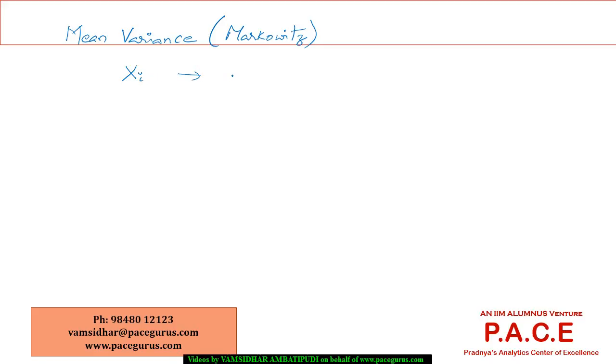For each security we take the returns and call them Xi. When I am talking about a portfolio, we are talking about different weightages in different securities, and the overall is summed up, such that all the weights sum up to 100%, or 1.